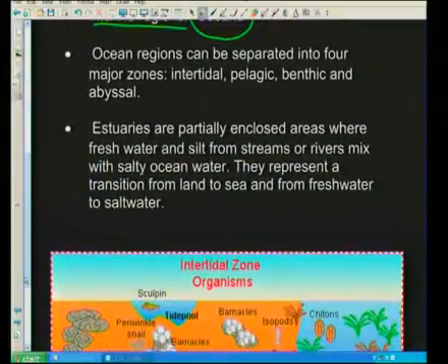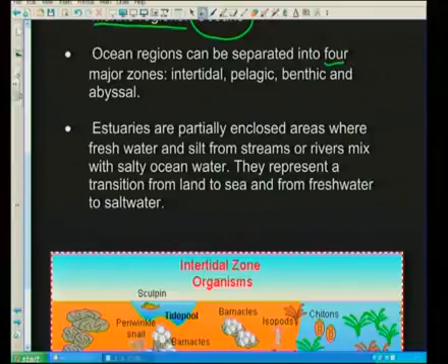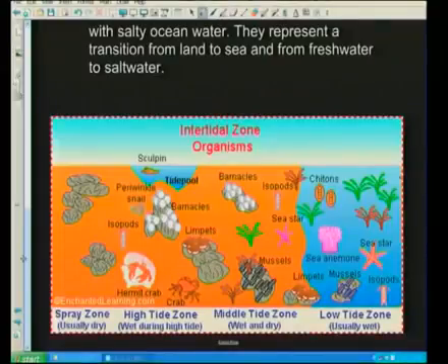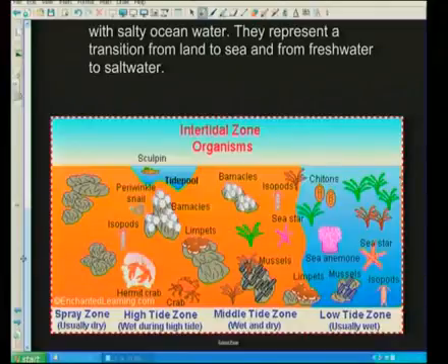If we go down to this diagram, the ocean regions can be separated into four major zones. Those words sound ridiculous to learn: intertidal, pelagic, benthic, and abyssal. But you don't have to know that. You need to know these different regions, very basic. We have a low tide zone, a much easier word to remember, a middle tide zone, a high tide zone, and a spray zone.